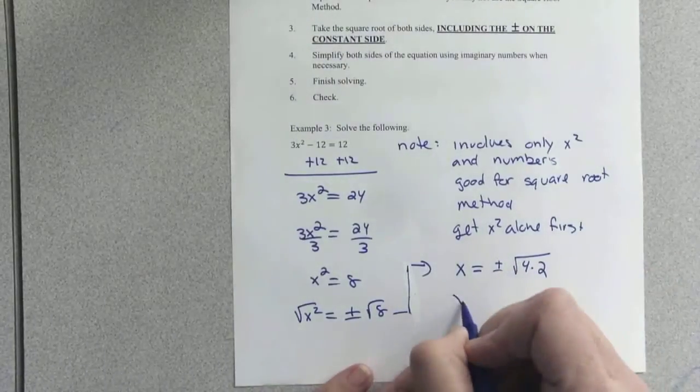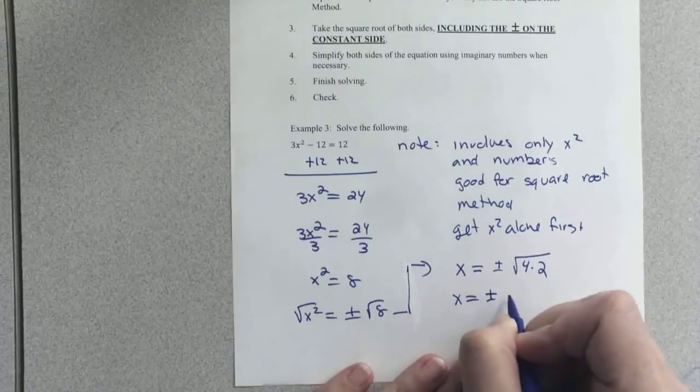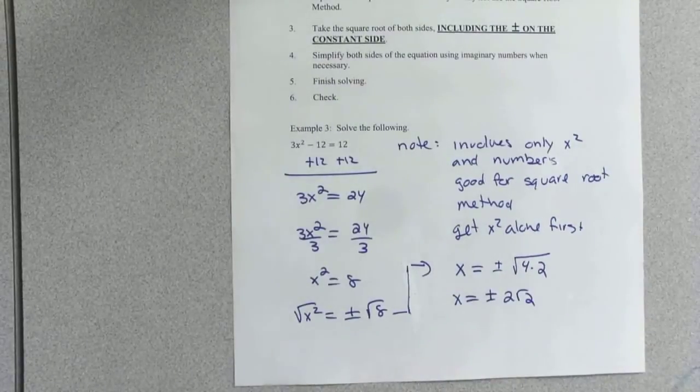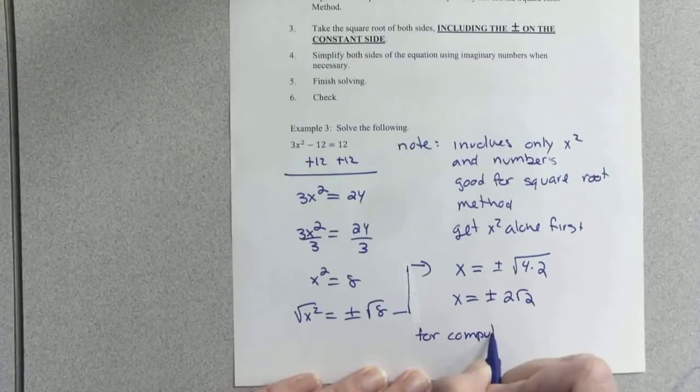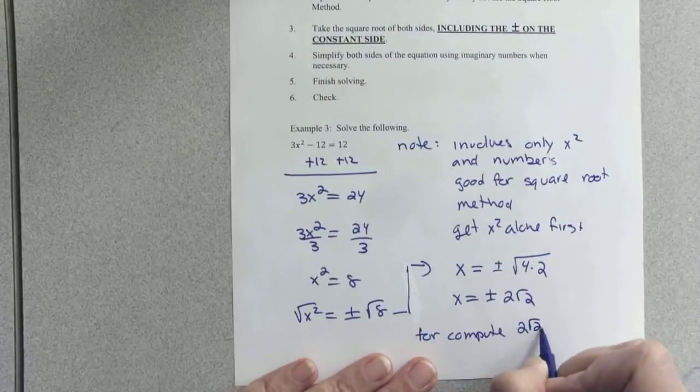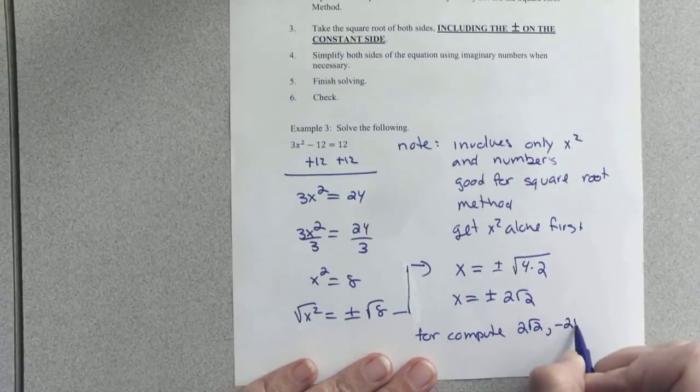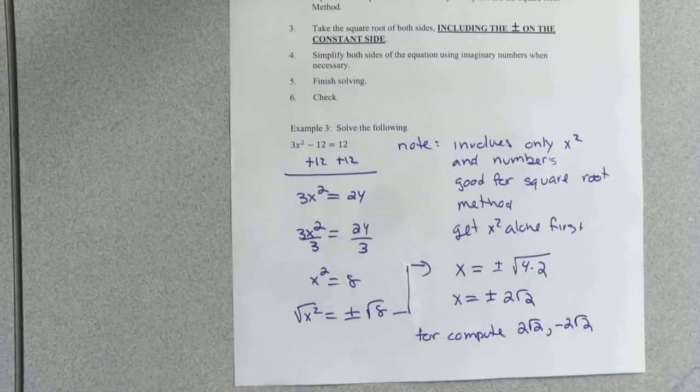So 8 is 4 times 2, and I get x equals plus or minus 2 square root of 2. Now, the computer does not have a plus or minus. For the computer, you will type in 2 square root of 2, and negative 2 square root of 2. And so there would be my answer.